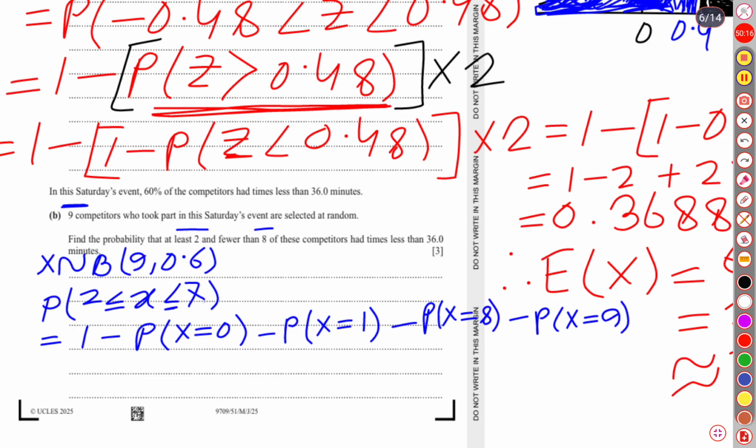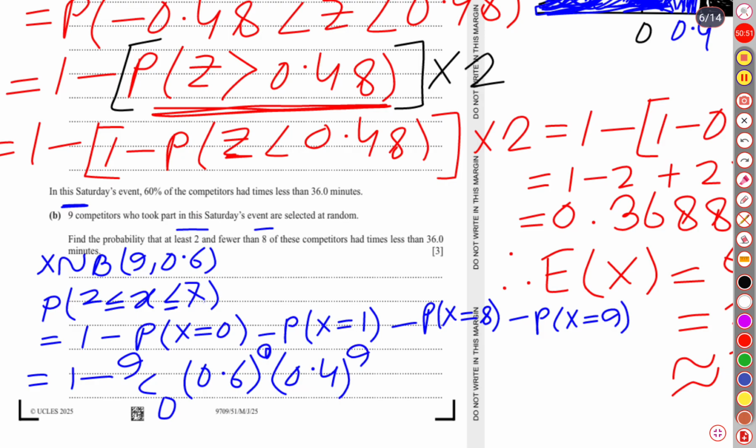Then how are we going to write this? It is going to be 1 minus, when no one is less than 36, total number is 9, choose 0. So 0.6 to the power 0, that is no one, and then 0.4, how many? All 9 are more than this 36 seconds.